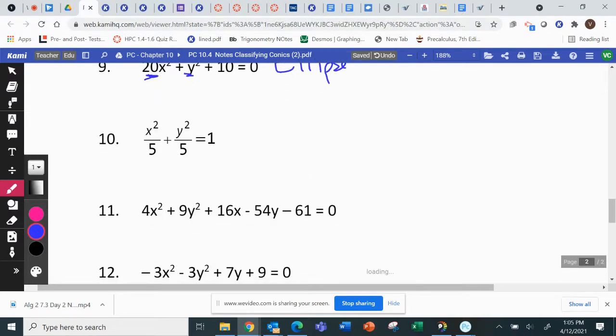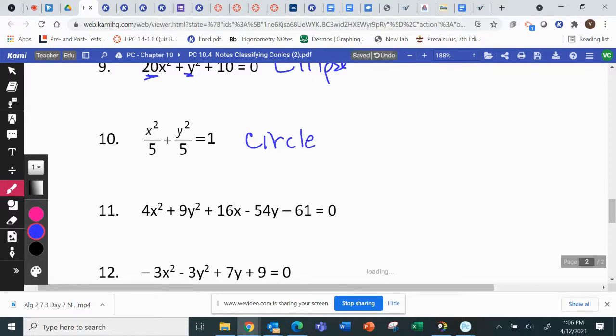Number 10. What do you think? Circle? Who said that? Lydia? So this one is a circle, or might be a circle, but it's not in either format.